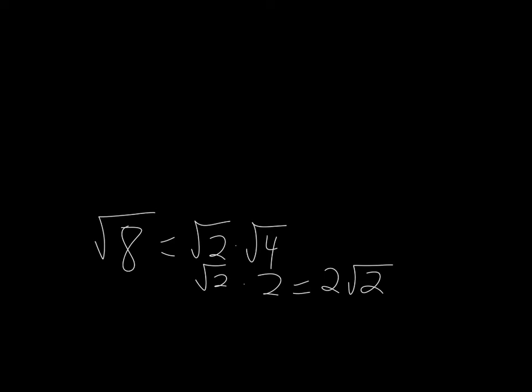So now let's see what happens if we did the square root of -8, for example. Okay, let's try that again. Square root of -8. Well, it's much the same thing, except this time we also have a square root of -1 in the mix.